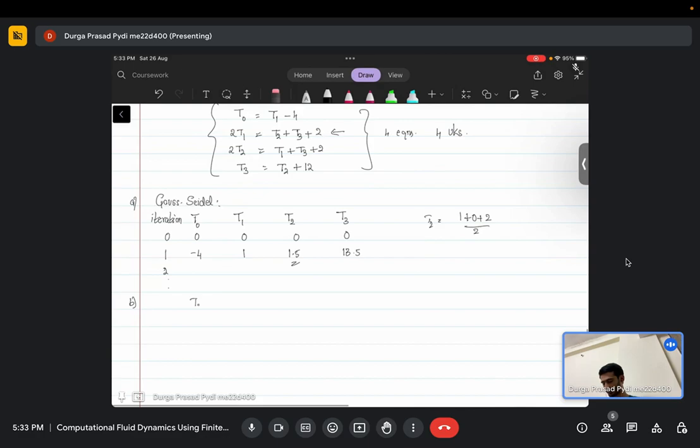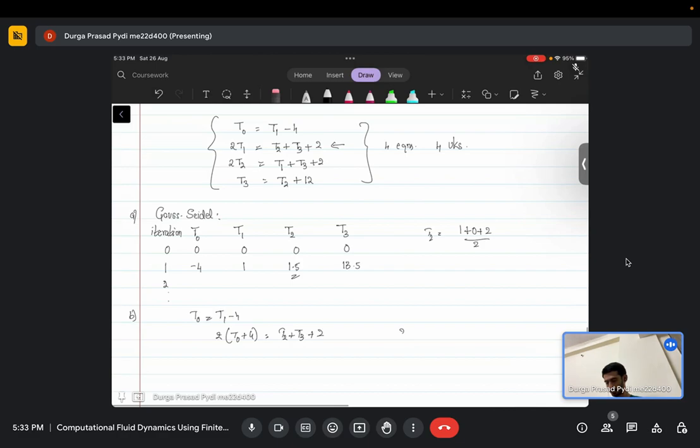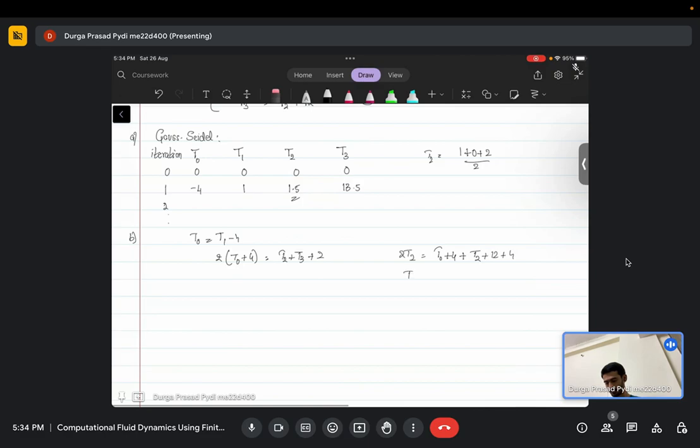So you know T0 is given by T1 minus 4. If I substitute back here, 2T1 equals T2, so instead of T1 I will be substituting T0 plus 4. And then I have T2 equals T1, which I already know as T0 plus 4, and T3 is given as T2 plus 12 plus 4. So this will give me T2 equals T0 plus 20. So what do you get here?